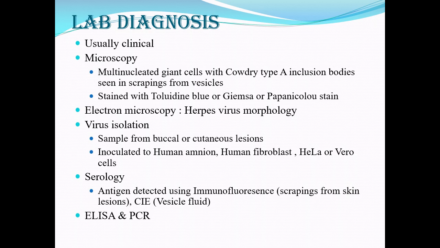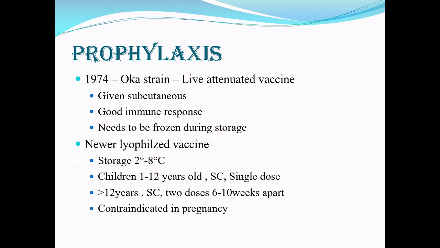There can be virus isolation from the buccal mucosa, and it can be inoculated on human amnion, human fibroblast, or other cell lines. The antigen can be detected using immunofluorescence, or you can do an ELISA or a PCR as well.